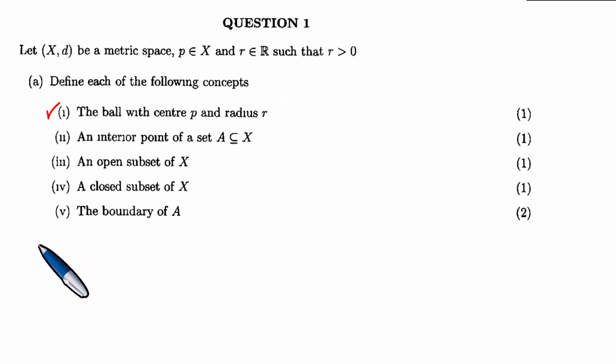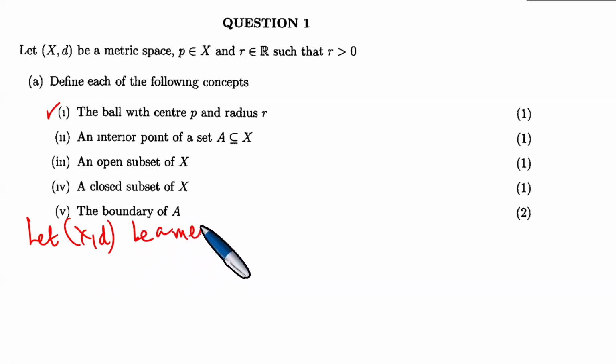So in general, there will be two kinds of balls, and obviously at this point, you'd have to say let (X, d) be a metric. Okay, so I know that this is going to come up when we even do the background. But if we do it here, then when you get to the background, you would be familiar with the definition.